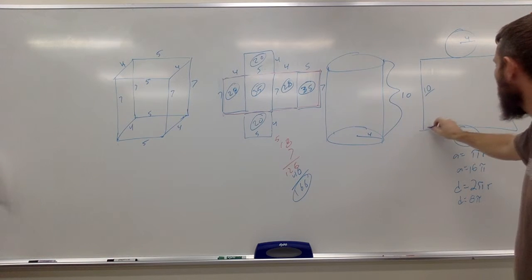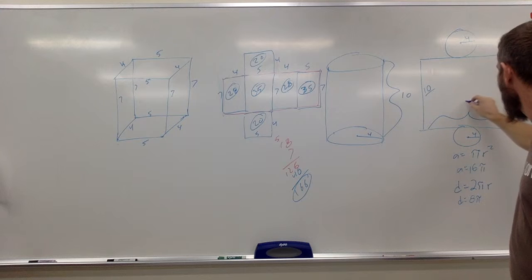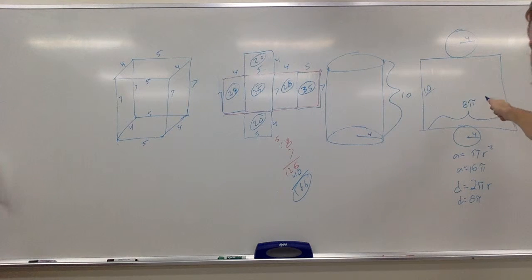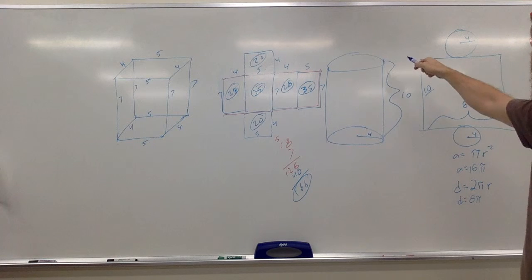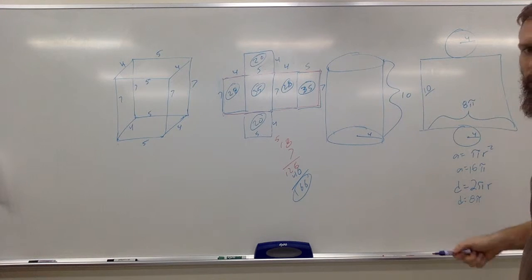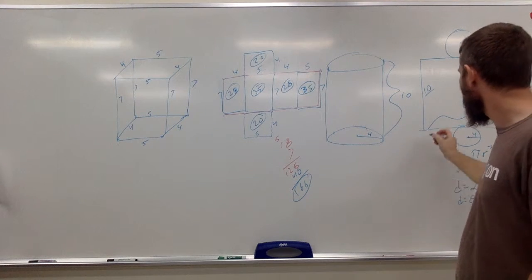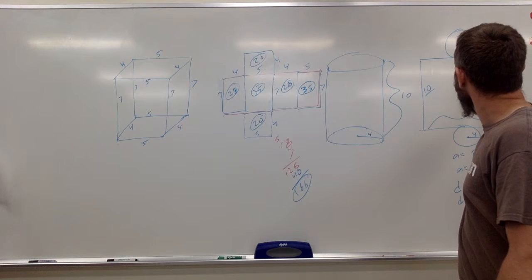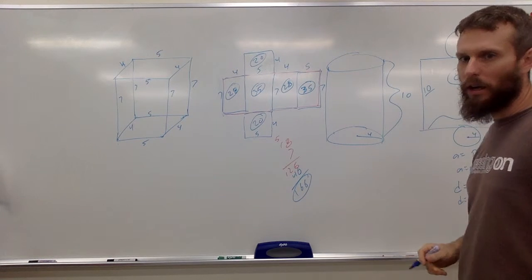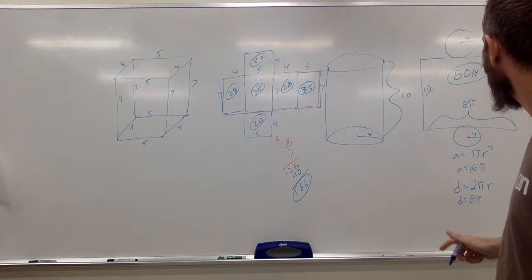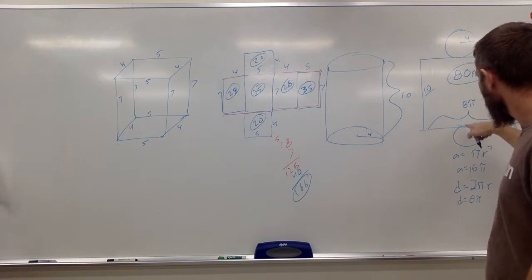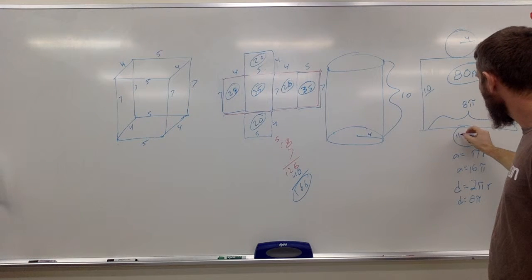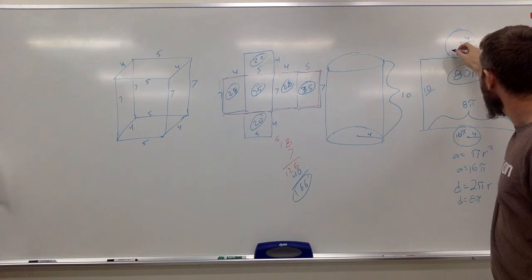So this length right here is 8 pi. So if we want to find the area of this rectangle, we do 8 pi times 10, which gives us 80 pi.